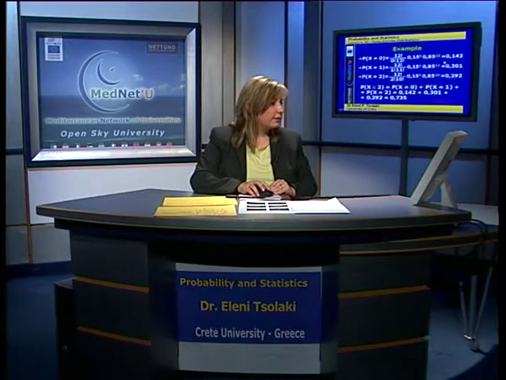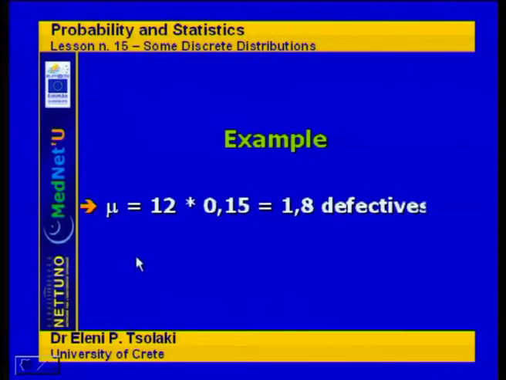So for this example, the mean will be equal to n, which is 12, times p, which is 0.15. So there is an expectation of 1.8 defectives, let's say almost 2 defectives in our batch.